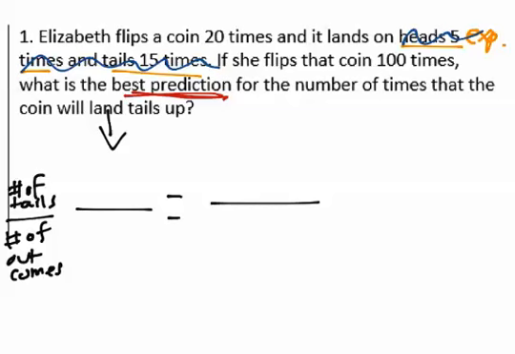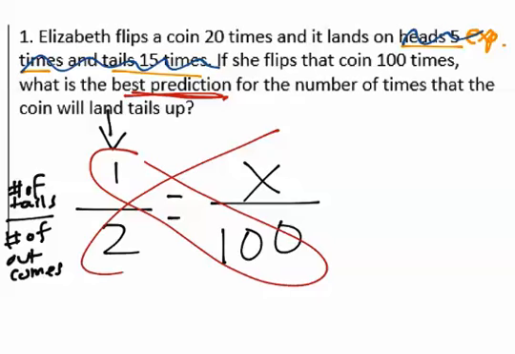Well, we know that there's one tail and there's two outcomes. Landing on a tails on one flip would be half. But we want to find out if she flips that coin 100 times, how many times is it going to land tails up? Okay, so go ahead and cross multiply 100 times 1 and 2 times x.